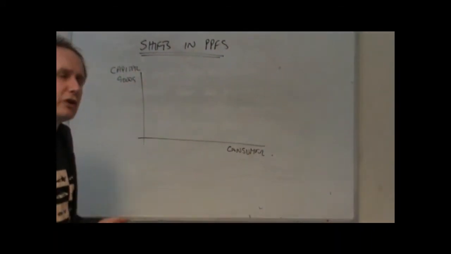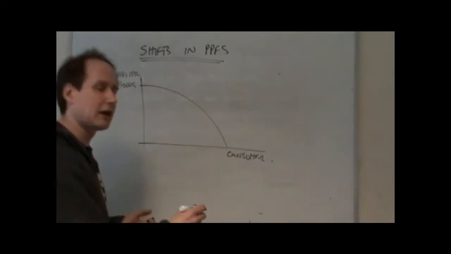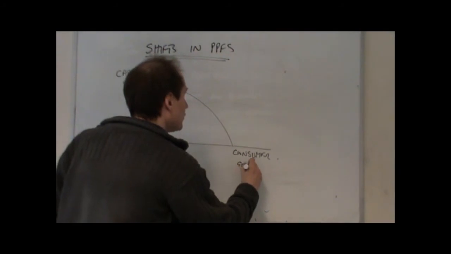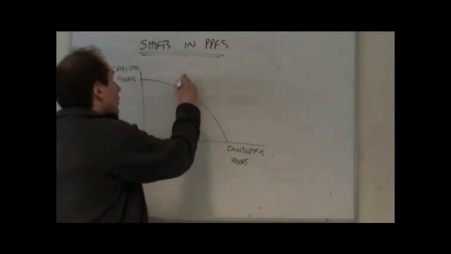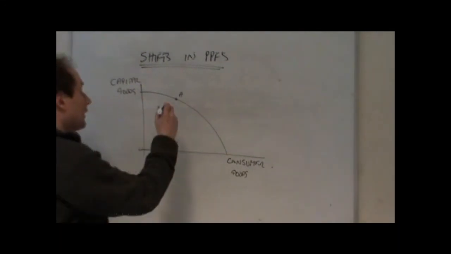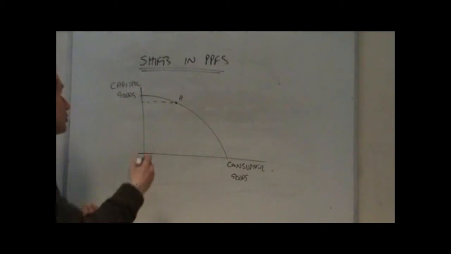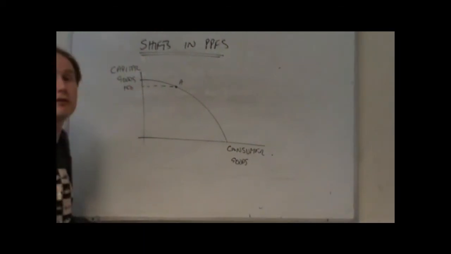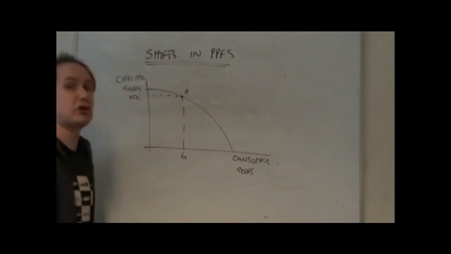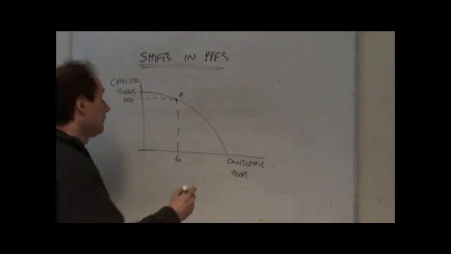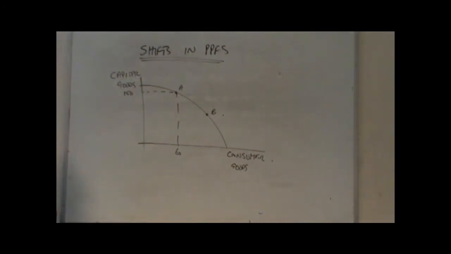And imagine you've got two economies that make different choices as to the amount of consumer and capital goods that they want. Economy A, up here, is going for large-scale capital goods production. So they've got, say, 150 capital goods, but 60 consumer goods.